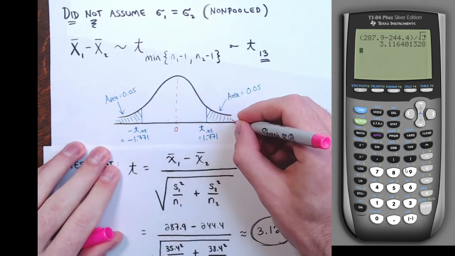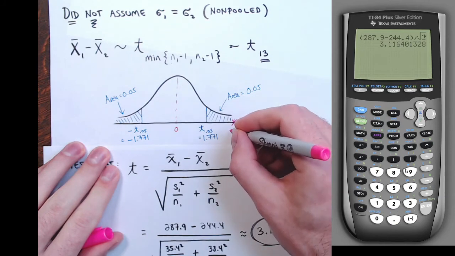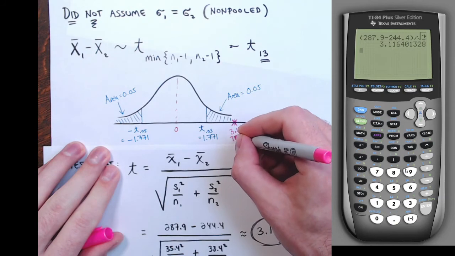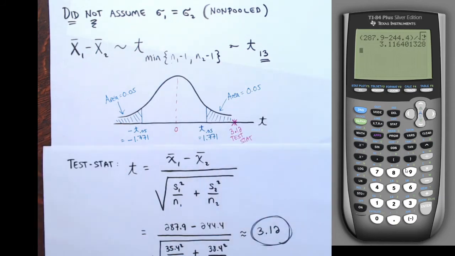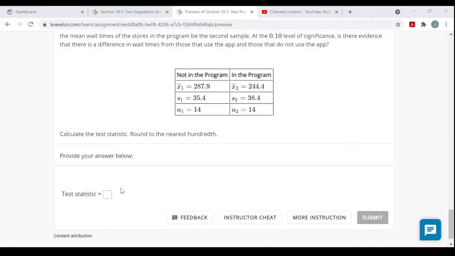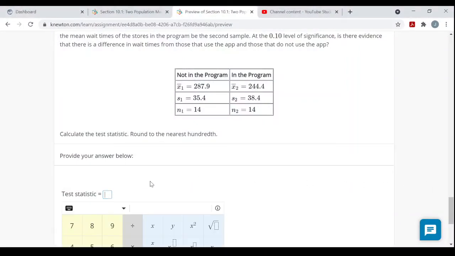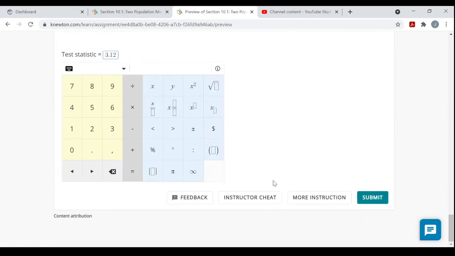That would fall over here. 3.12 is definitely beyond 1.771, and here's the test stat. Since that's in the rejection region, we're going to reject the null hypothesis. We'll get into all that in a little bit. So back here, test statistic rounded to 2 decimal places, 3.12, nearest hundredth.